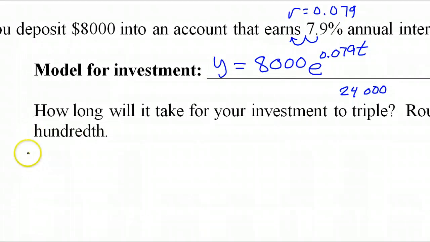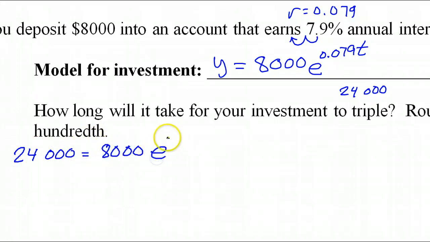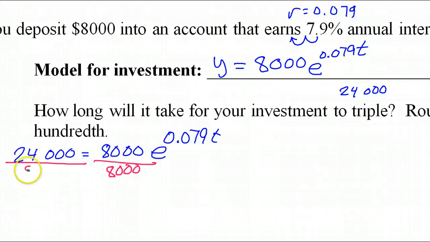So that's why we go 24,000. All right, that's triple, is equal to 8,000 e to the 0.079 t power. Of course, we're going to divide both sides by that 8,000, and we will not be surprised what we get.